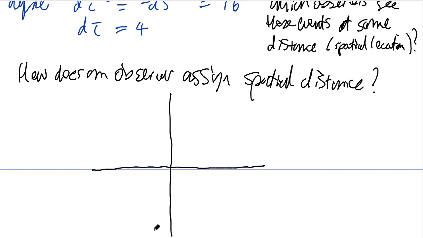Here's an observer, and here's an event. The way the observer assigns a distance to the event is a similar construction to assigning a time. The observer sends out light rays that travel at 45 degrees in this diagram, and this is the light ray that happens to strike the event and reflect off and is reflected back to the observer.